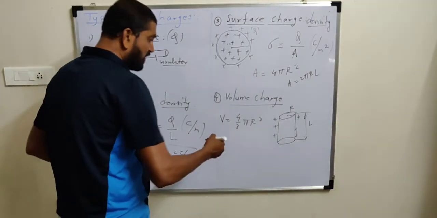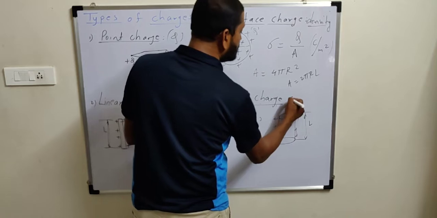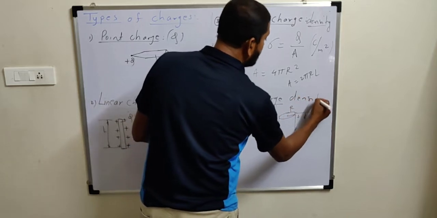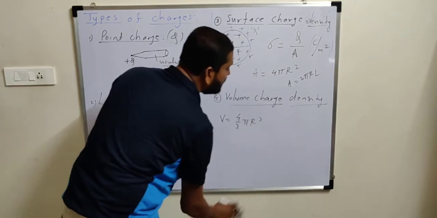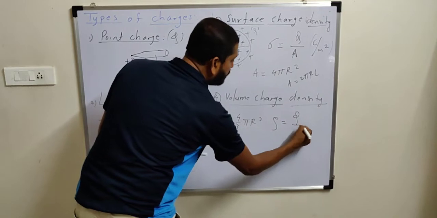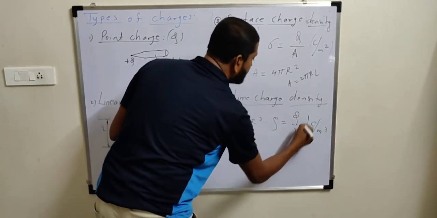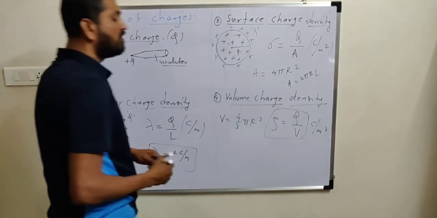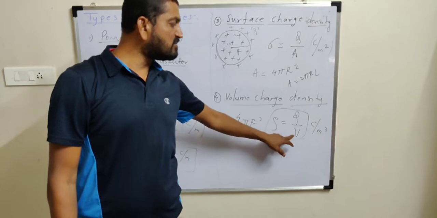And how much charge is present on unit volume? It is given by a scalar quantity called volume charge density. It is denoted with the symbol rho, like sigma for surface charge density, and is defined as charge per unit volume.